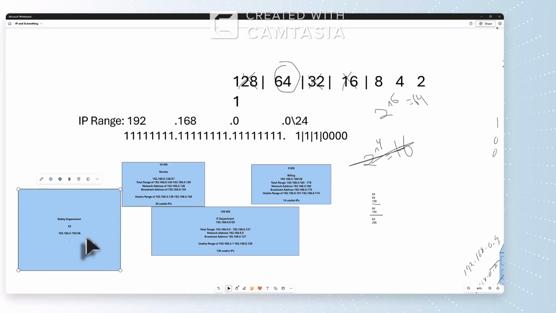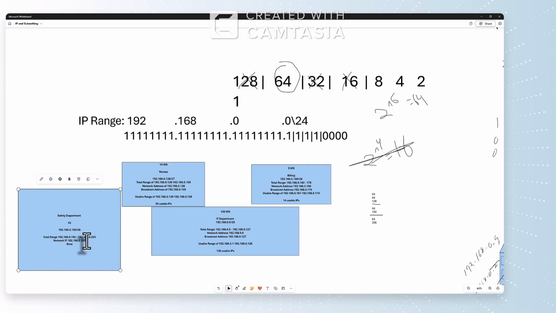So now we know that our range is going to be 192.168.0.192 all the way up to the end of our IP range, which is going to be 192.168.0.255. Network IP will be 192.168.0.192.